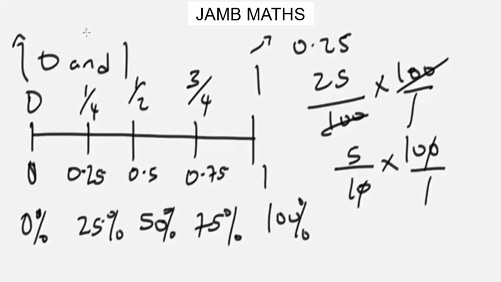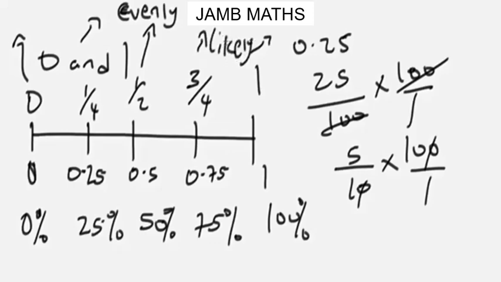Whereas this 1/4 we have here shows that the event is unlikely to happen. This half we have here shows that the event is evenly likely to happen. Whereas this 3/4 shows that the event is likely.